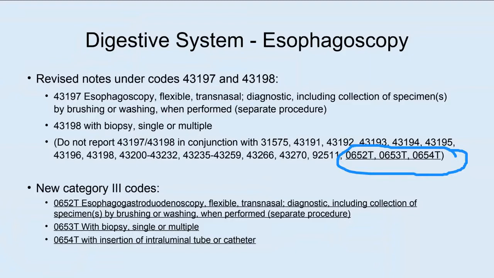So do not report these with Category 3 code 0652T, esophagogastroduodenoscopy, 0653T, esophagogastroduodenoscopy with biopsy, and 0654T, esophageal gastrostomy, insertion of intraluminal tube or catheter. So it's saying you can't report these and these.